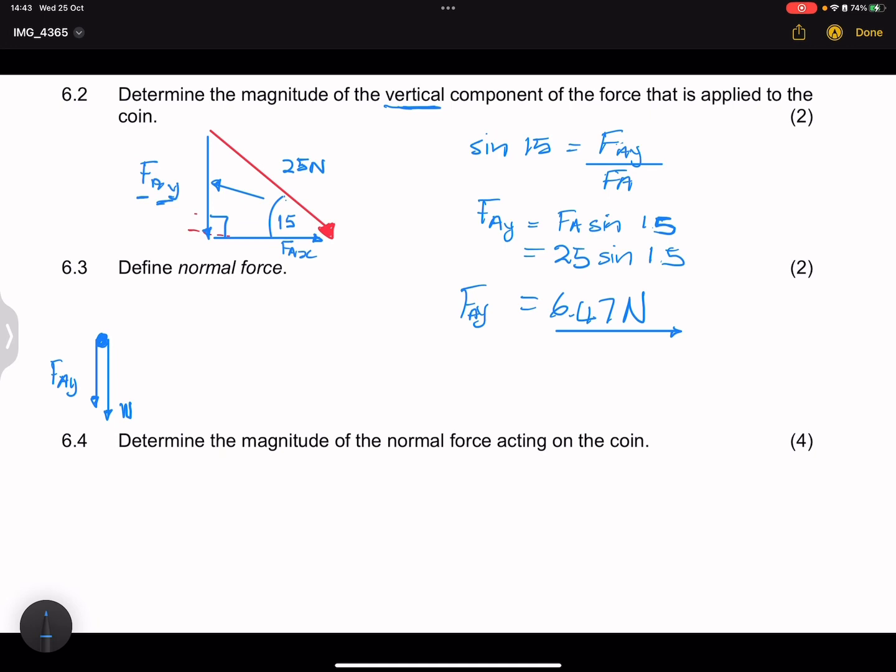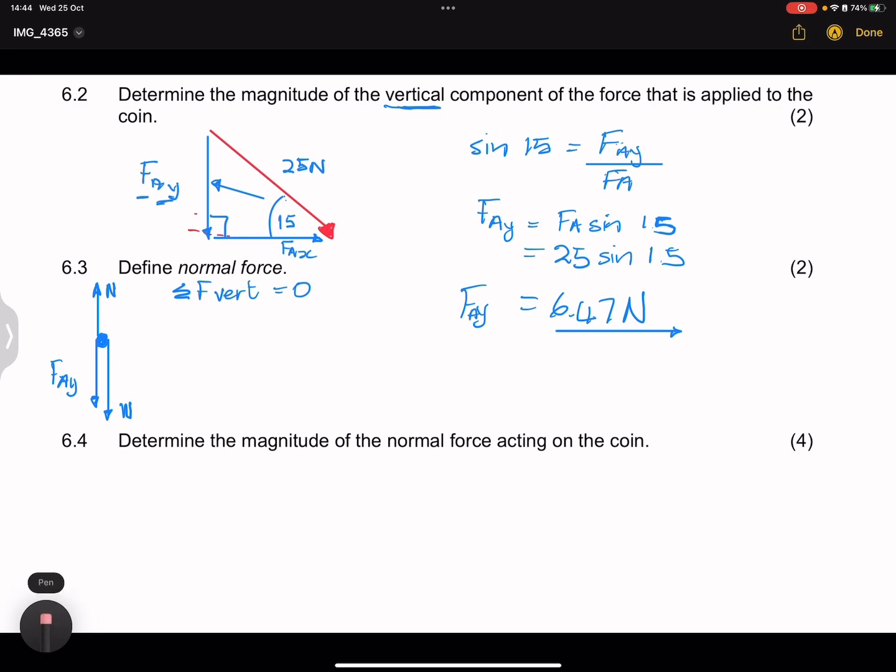And the only vertical force acting up is the normal force, right? So the normal force is acting against those two forces. And we know that this coin is not moving vertically, right? So in this case, it means that the sum of forces in the vertical direction will be equal to 0.